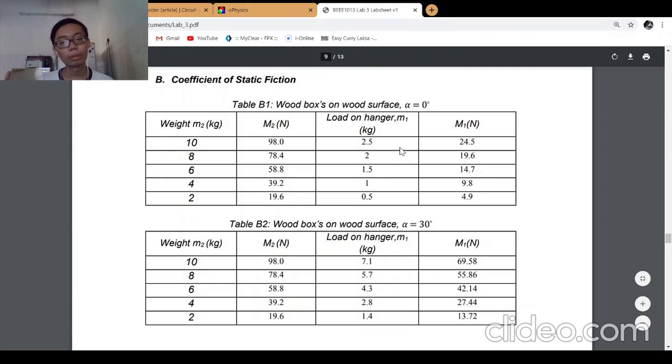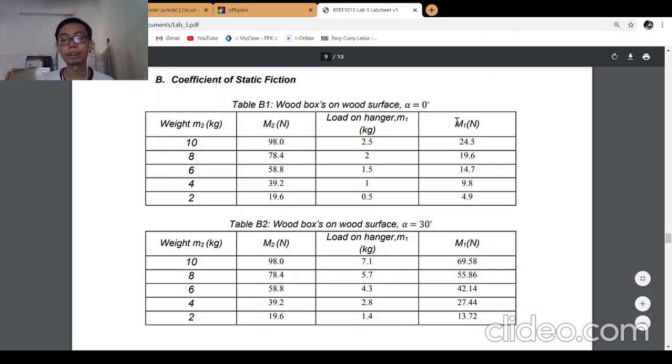And then to find the static frictional force, we first calculate the force of M2, and this is the force of M2. Then we calculate the force of M1. This is the force of M1. And then we use the formula to calculate the static frictional force.